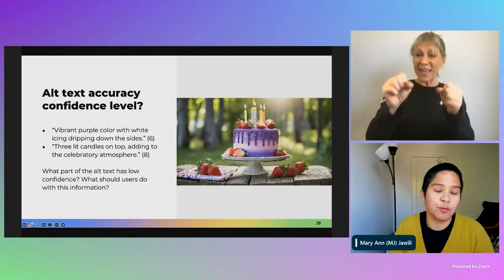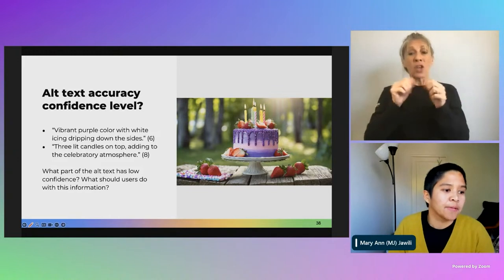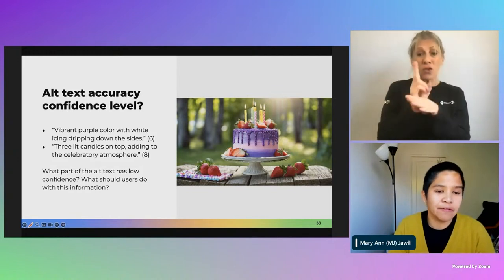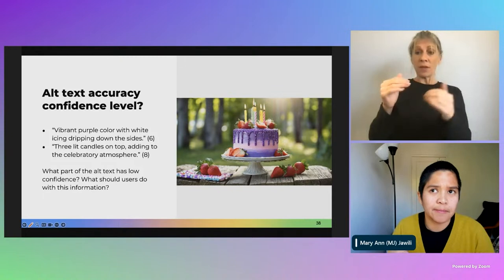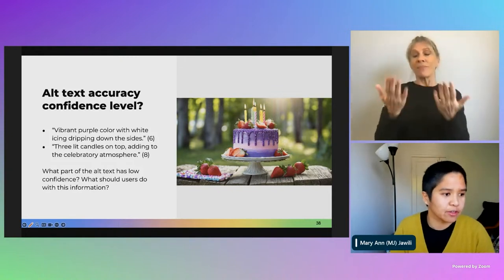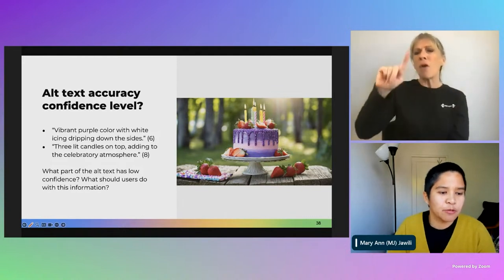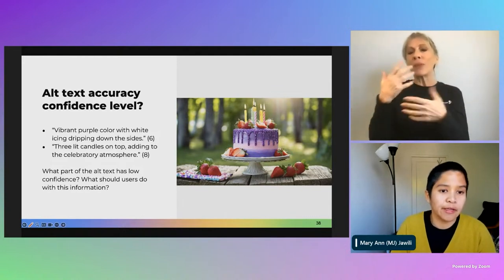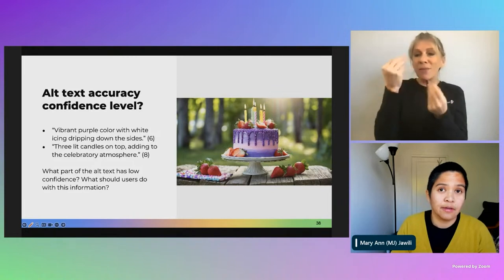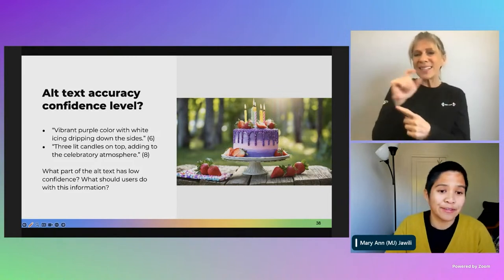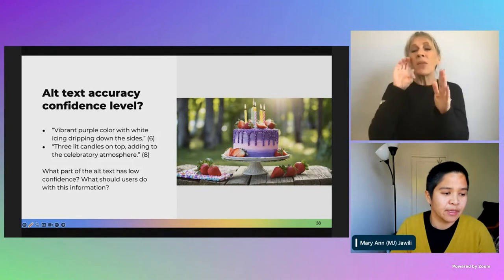But in my conversation with blind and low vision users, adding this confidence level actually raises more questions than it answers, such as what part of that alt text has low confidence? And what should users even do with this information if the alt text isn't accurate? This is not even about the image anymore, it's about the alt text.